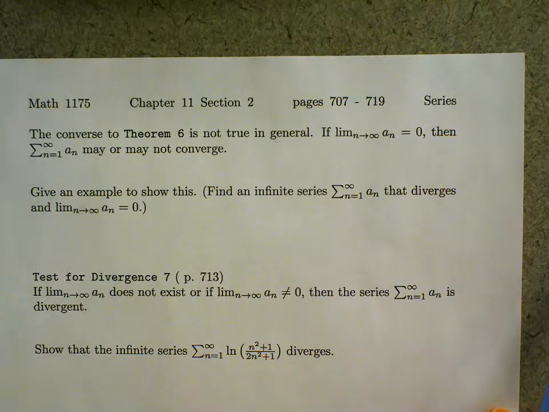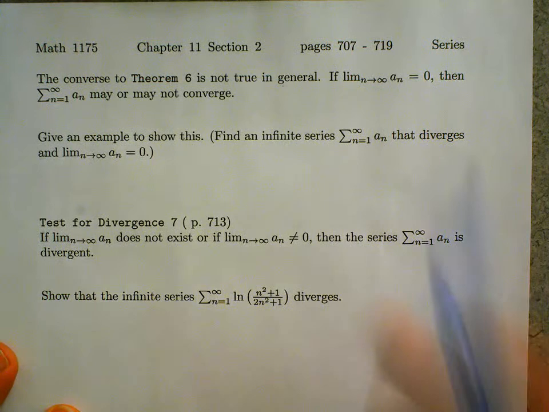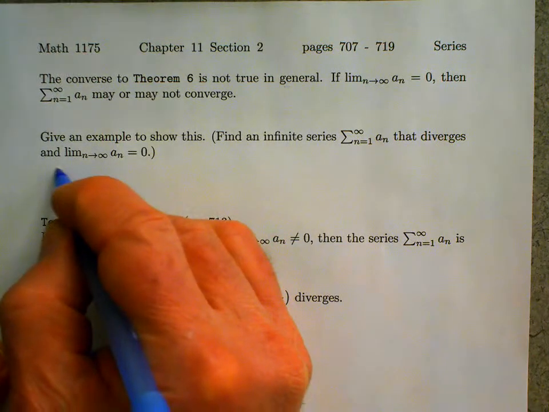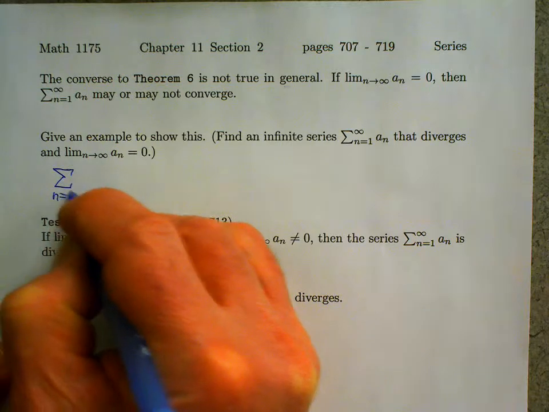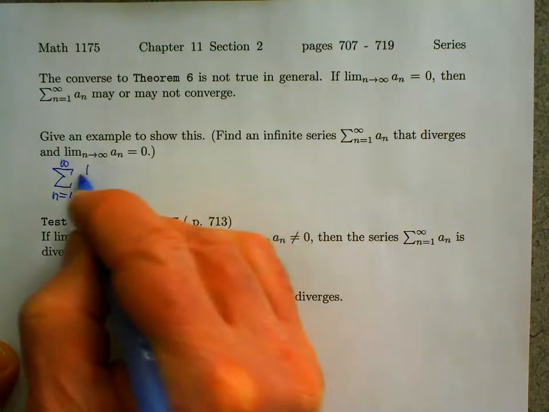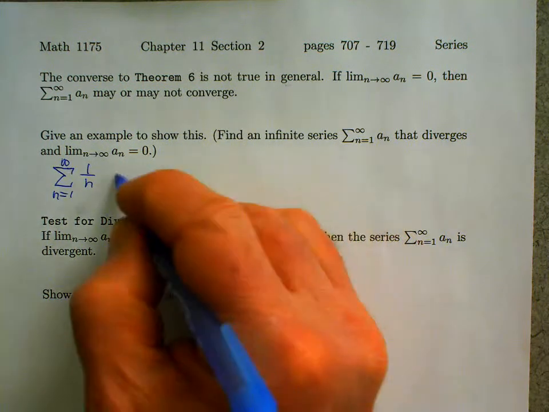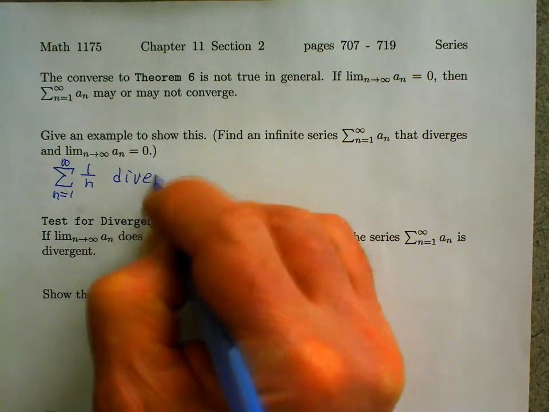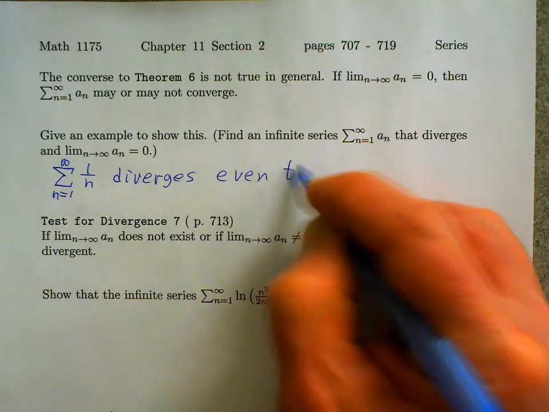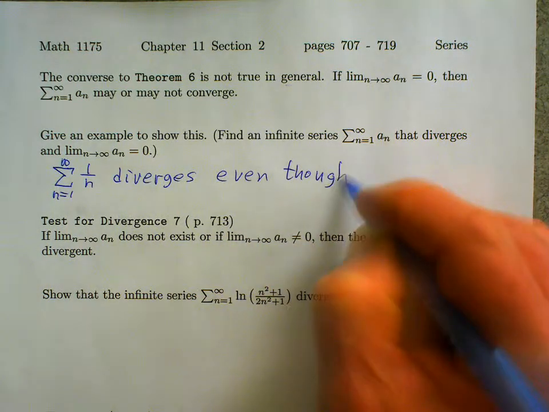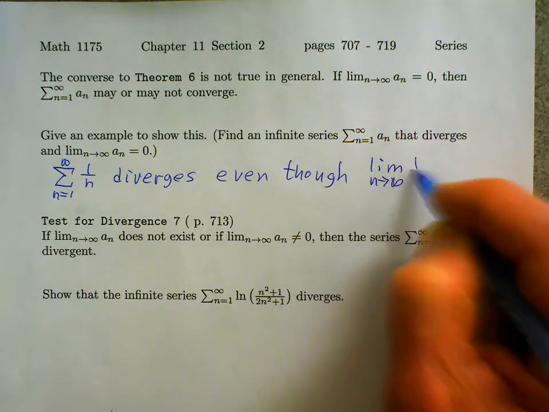We've already seen an example using the harmonic series. We know that the harmonic series diverges even though the limit as n approaches infinity of 1 over n is 0.